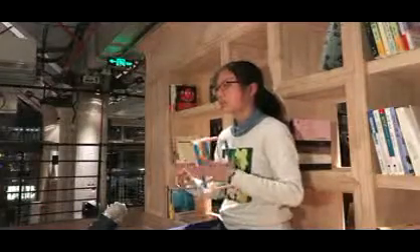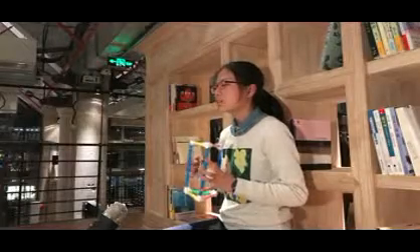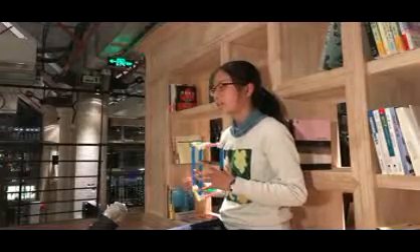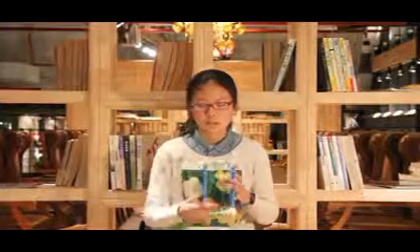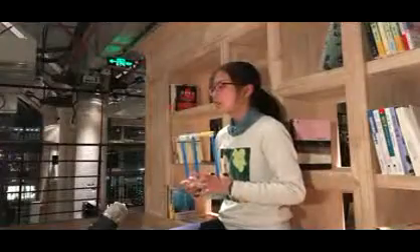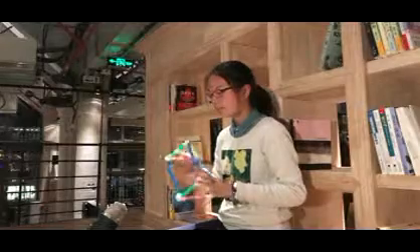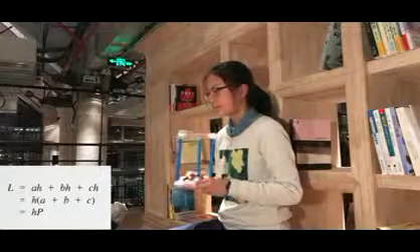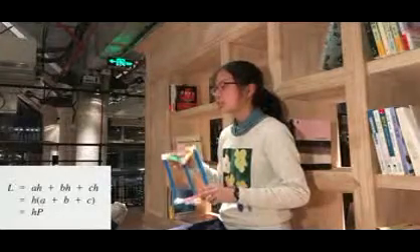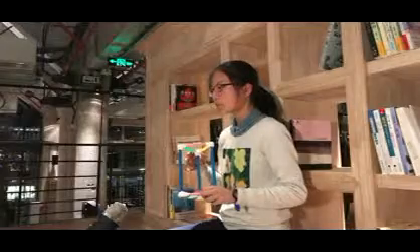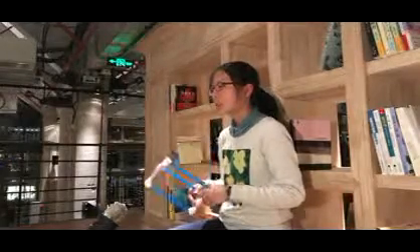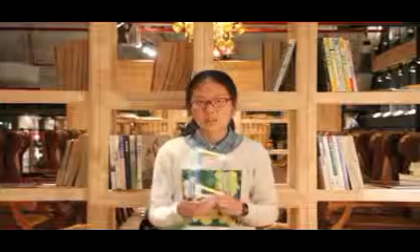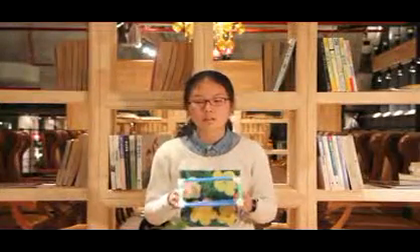The lateral area of right triangular prism is this area plus this area and this area equal height times P. The surface area of this solid equal lateral area plus 2 base area.